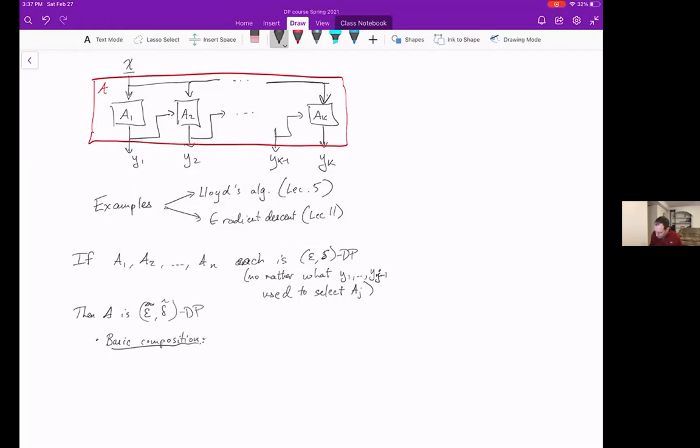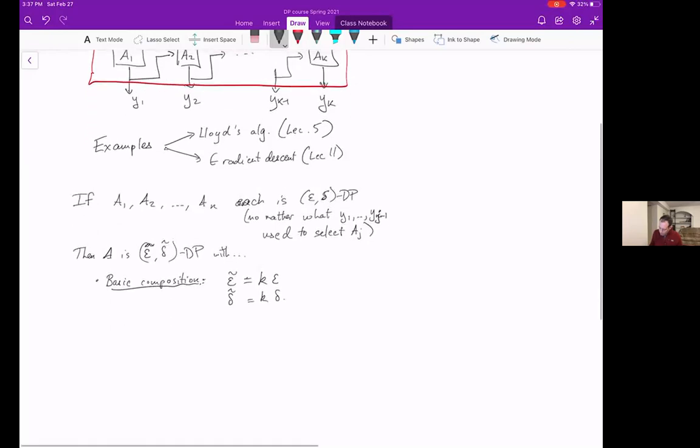Basic composition says that epsilon tilde is at most k epsilon, and delta tilde is at most k times delta. So we get this linear scaling in epsilon, which is nice. It gives us a graceful degradation of the privacy parameter.